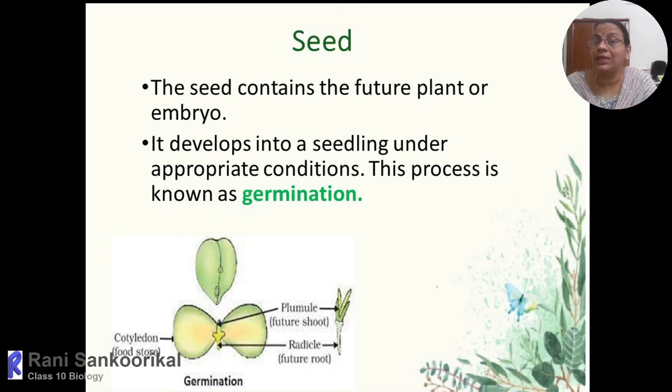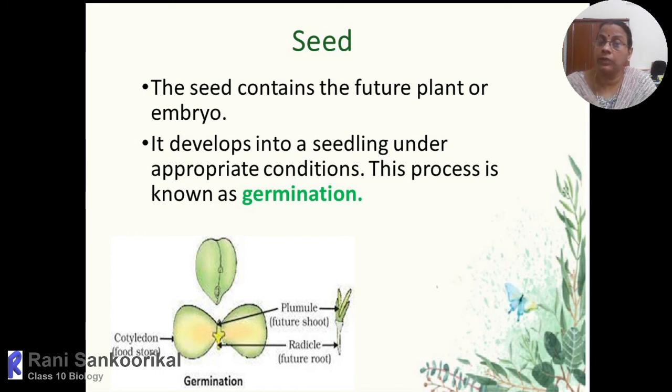And the cotyledon as such actually stores the food nutrients for the developing embryo. That entire thing will be covered by the seed coat. So all these parts you can observe after soaking the seeds in water.